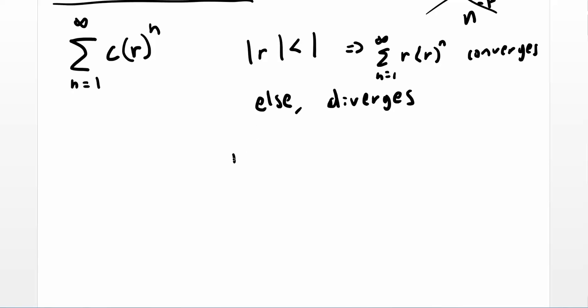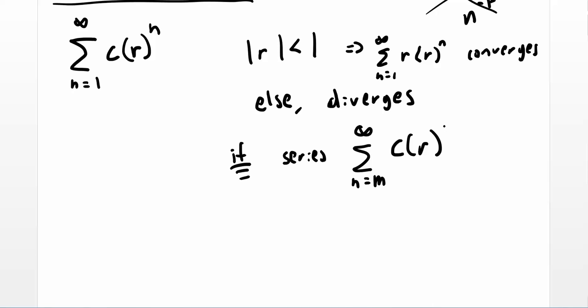If it converges, your book will have two formulas for the sum. We only need one.